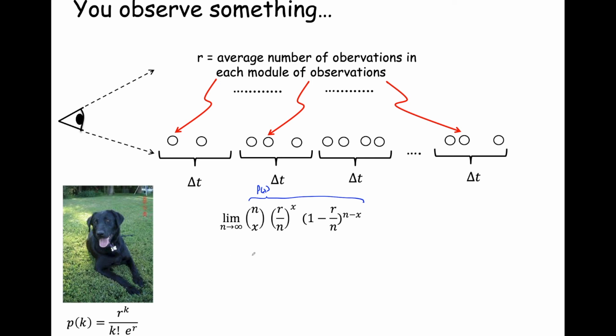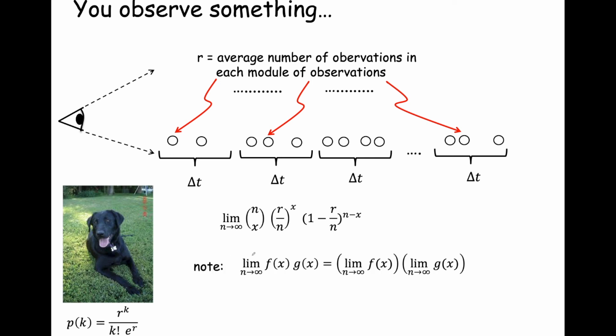Okay, so let's take a look at this, and we'll note a property that if you take the limit as n goes to infinity of the product of two functions, that's the same as the limit of the first function, f of x, and the second function, g of x, and multiplying those resultant limits together.